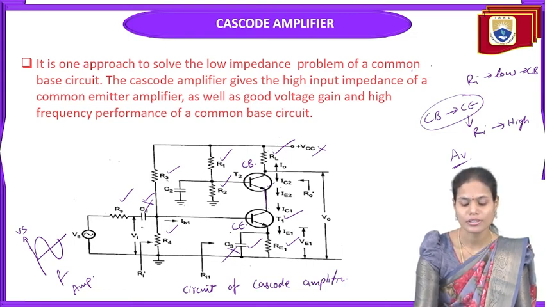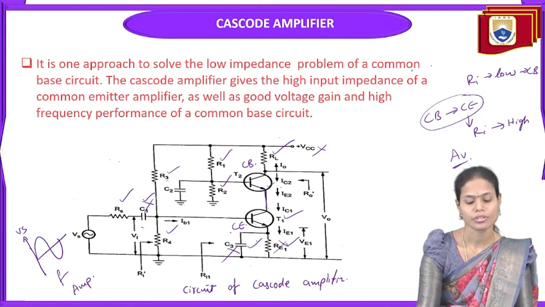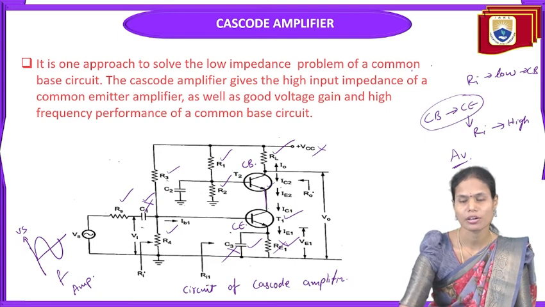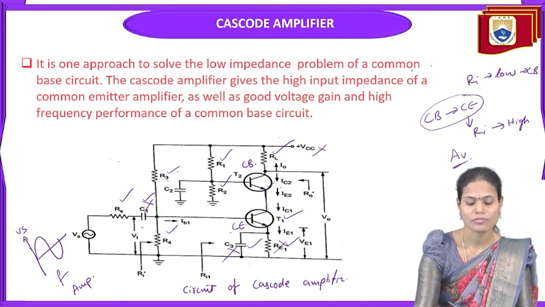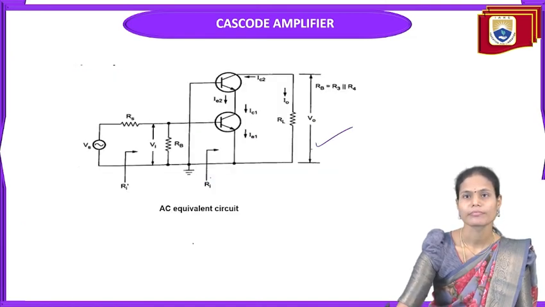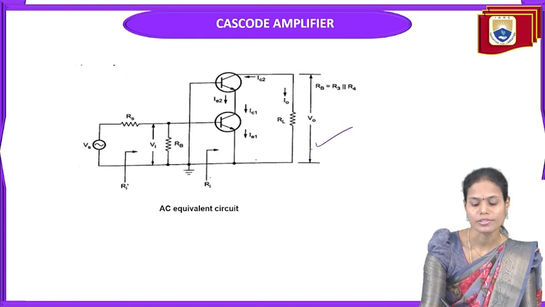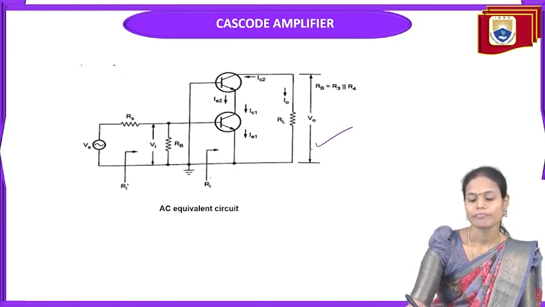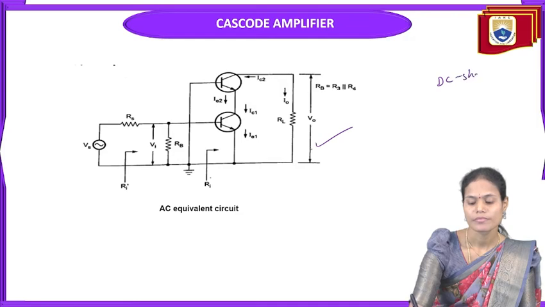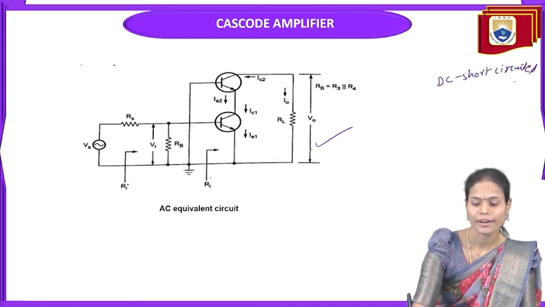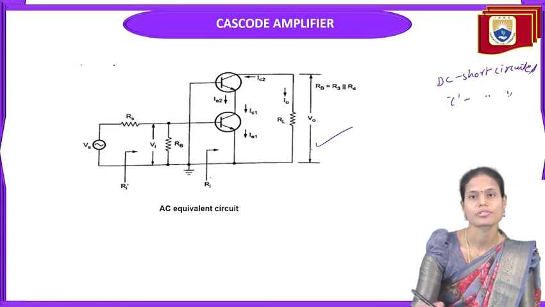C3 is short circuited, which means RE1 is also short circuited along with that. C1 is short circuited, which means R1, R2 resistors as well as R3, R4 resistors are also short circuited. So the remaining components are whatever is present after applying DC short circuit, and capacitors are also short circuited.